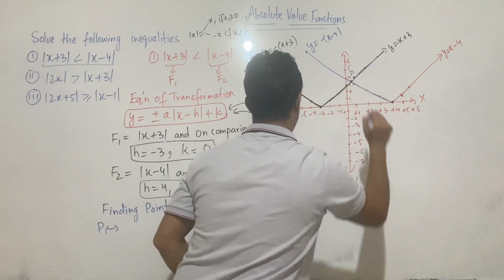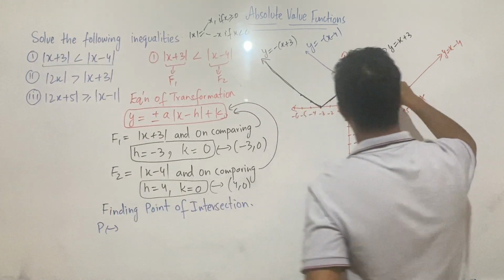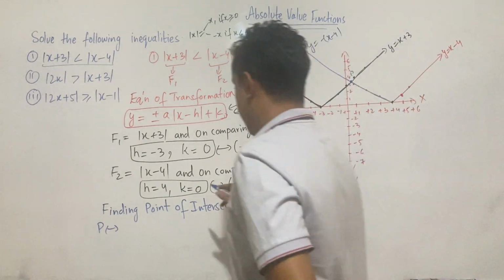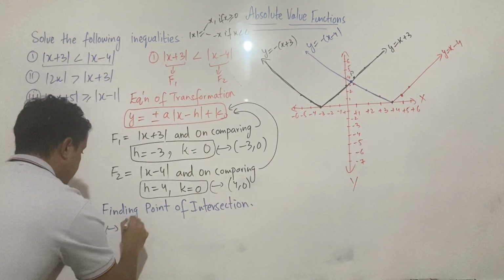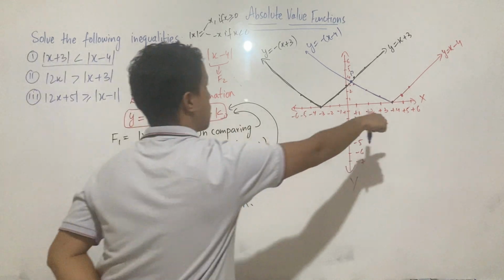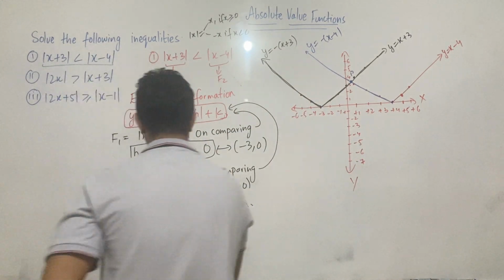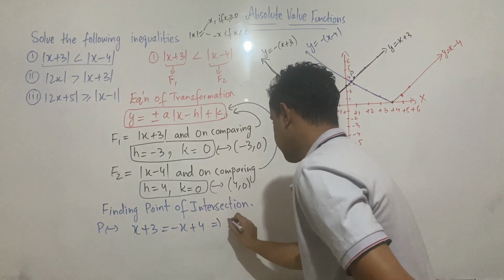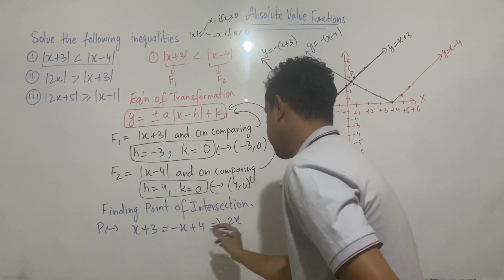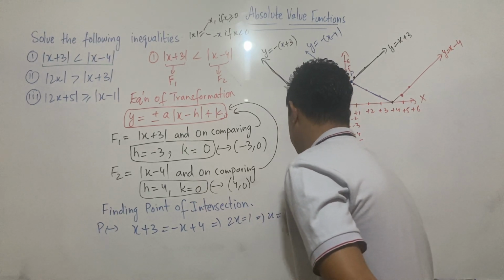So the coordinates of P are obtained by equating these two lines: x plus 3 equals minus x plus 4. If you solve it further, 2x is going to be 1 and x is 1 by 2.